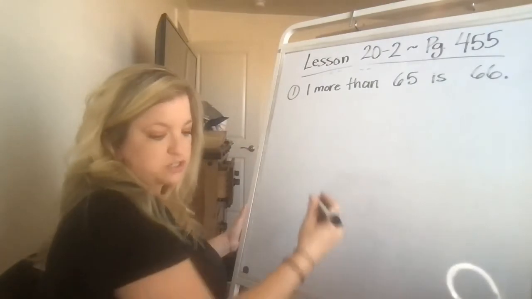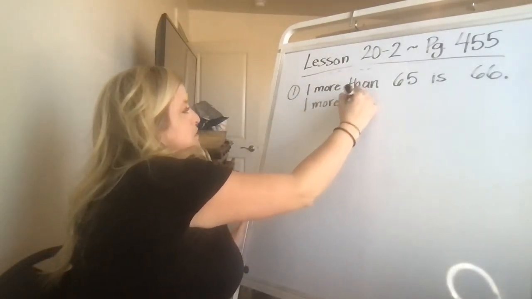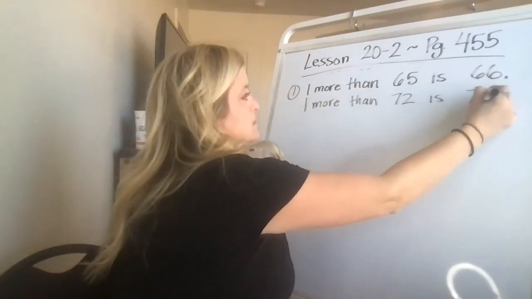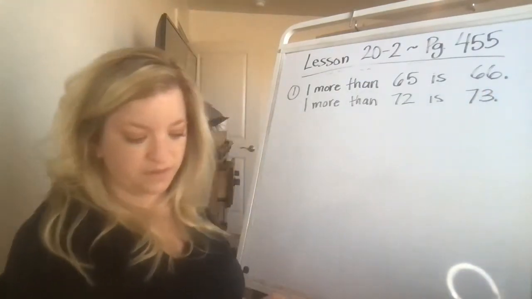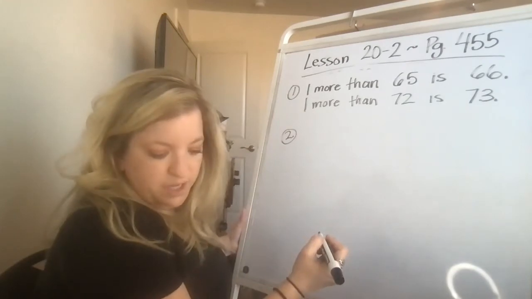Okay, you can use the chart. 1 more than 72 is 73. All right, number 2 says count by ones.